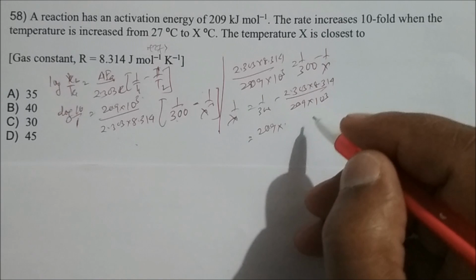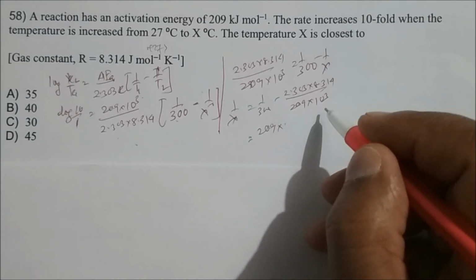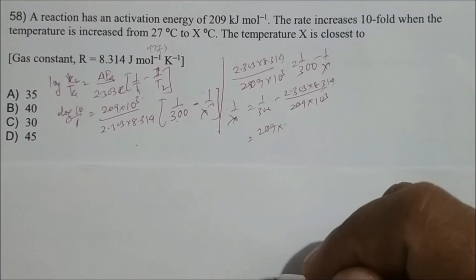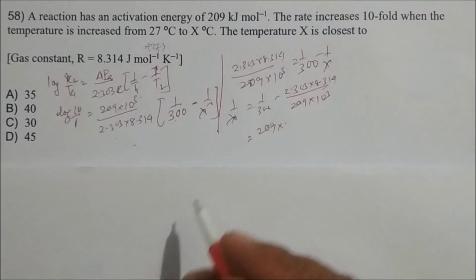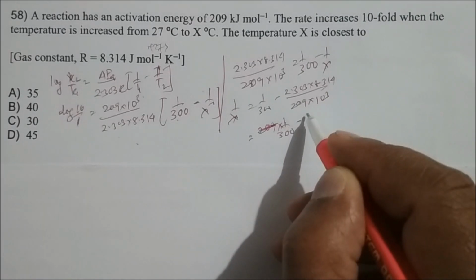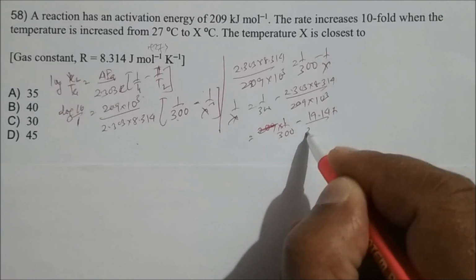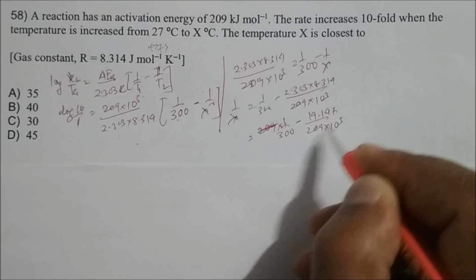If we solve directly over here, dividing this into this, you will get the value. So we can write 1 by 300 minus, multiplying it out, 19.147 divided by 209 into 10 to the power 3.